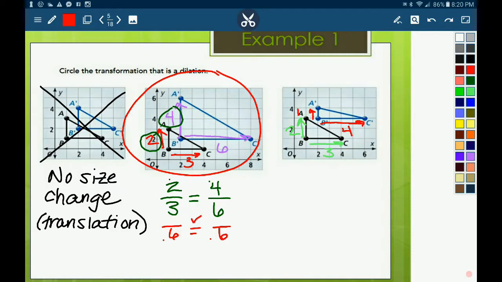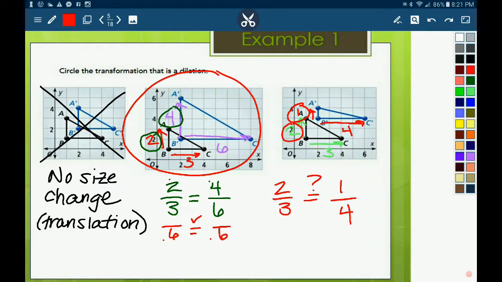So if I take the side lengths from the original triangle, ABC, I get, again, 2/3. I want to know if that's equal to, since 2 is the shorter side, 2 should match up with 1, which is the shorter side on the image triangle. So 1 would correspond with, or I should say 4 would correspond with 3.